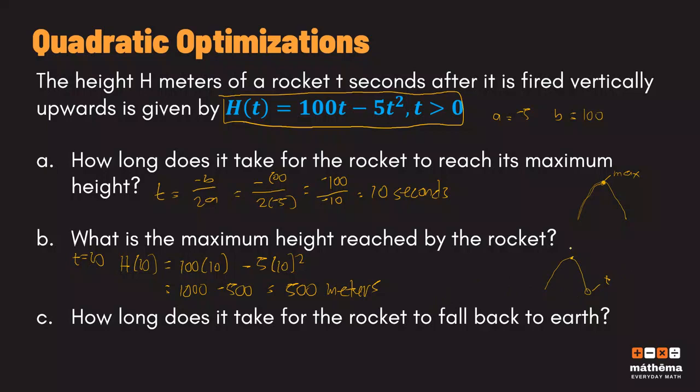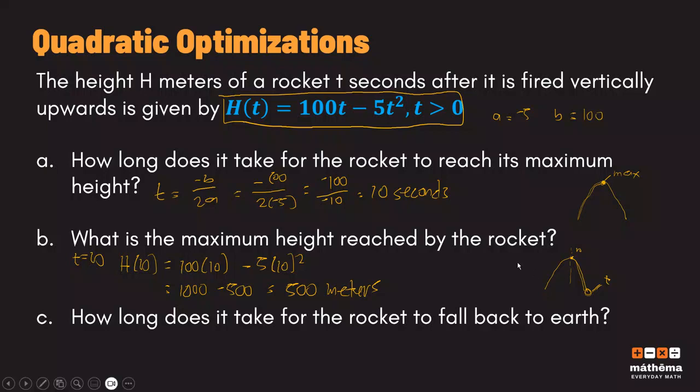So again, we know that after 10 seconds, the rocket is at its peak. Then again, it will fall down and reach or touch the ground. So again, we are asked, how long will it take the rocket to fall back to Earth?